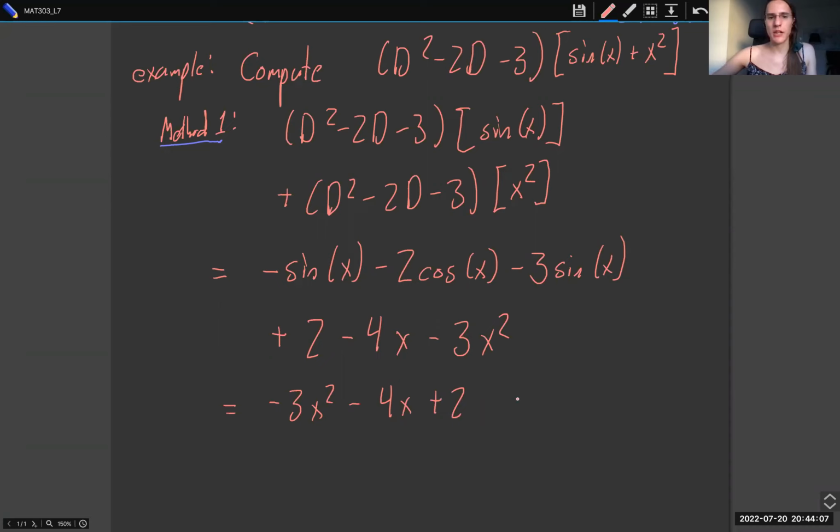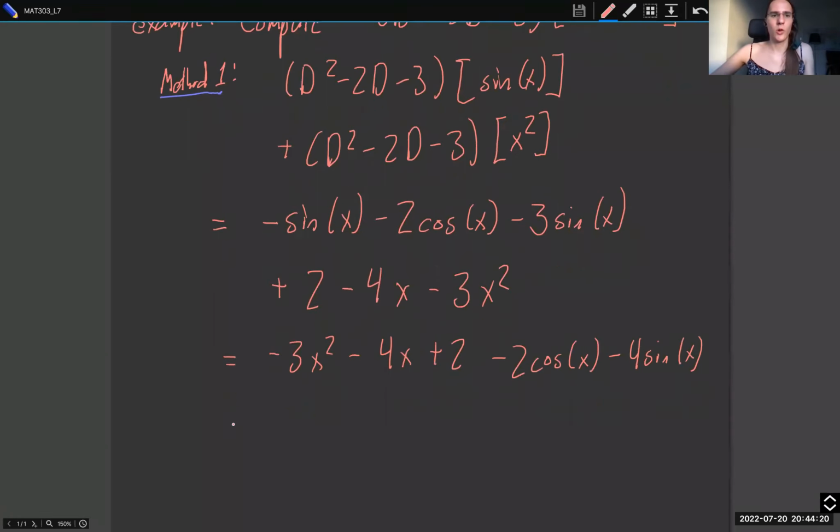Then I put my cosine first, minus 2 cos x minus 4 sine x. Cool. Method two.